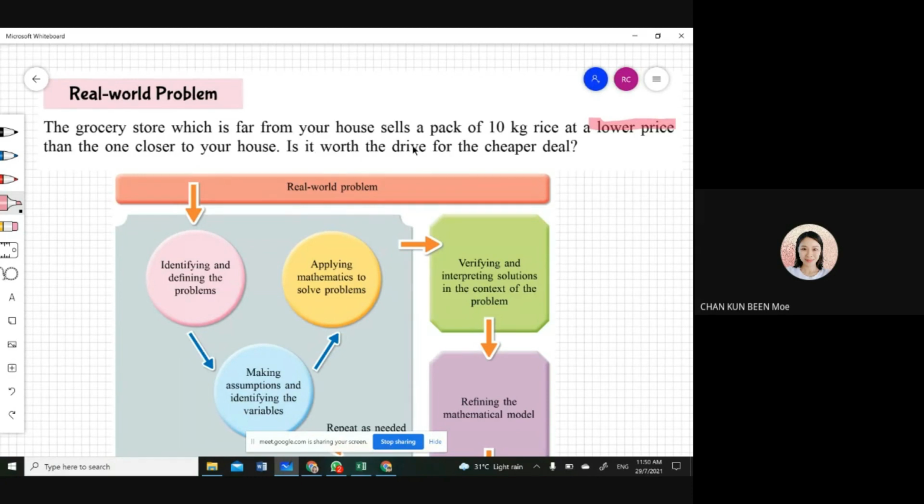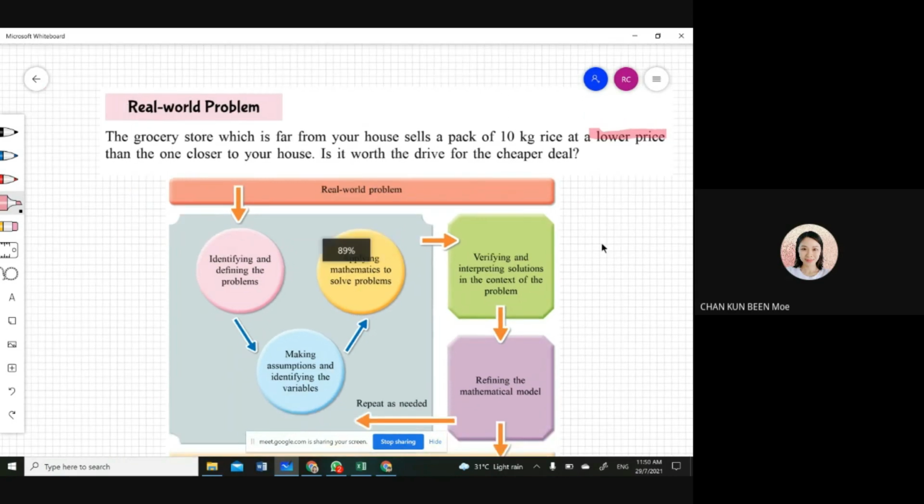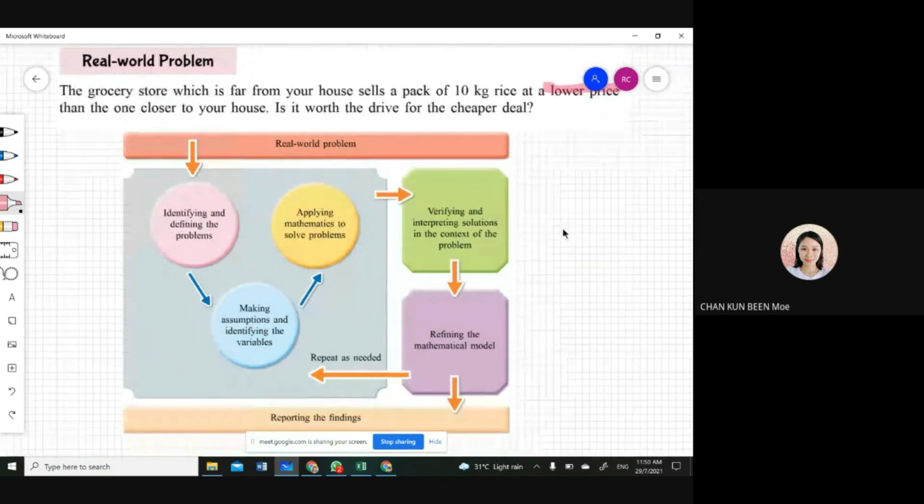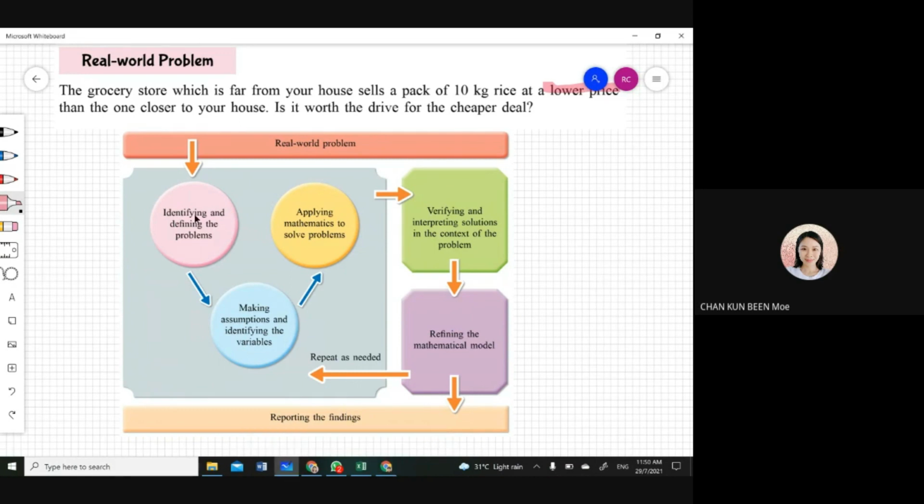Is it worth the drive for the cheaper deal? So you have to figure out whether it's worth it or not. Okay, so over here, we will have to apply the mathematical model to solve the problem. So this is the one that we just learned. I am a very robust robot. Okay, so start from I, identifying and defining the problem.